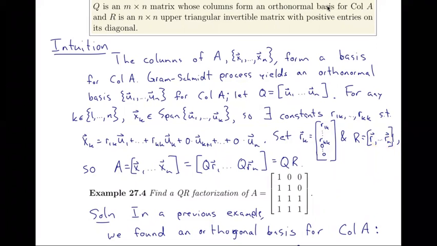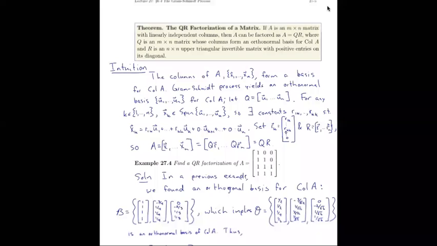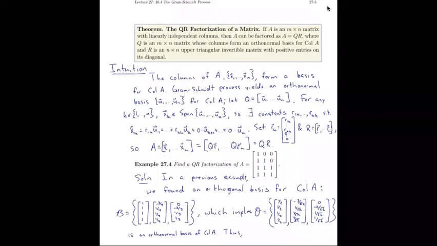So that's a triangular matrix. And moreover, A being equal to x1 through xn is Q times R. Remember that a product QR is written as Q times each column of R, for a matrix multiplication.